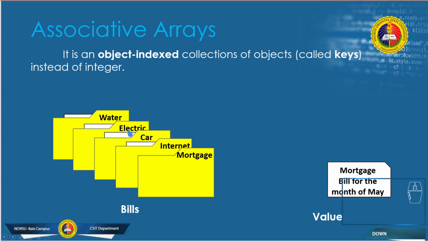So instead of using numbers this time, we'll be using an actual object. It's called keys. Alright? So we will label our folders with an object, which in this case is called keys.